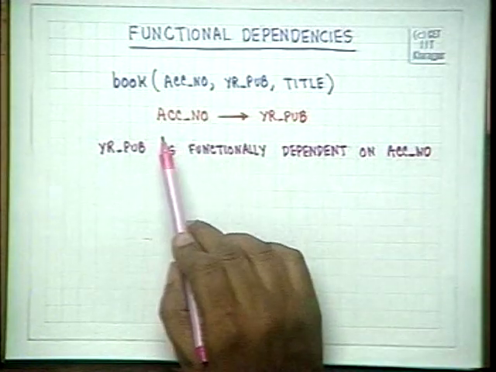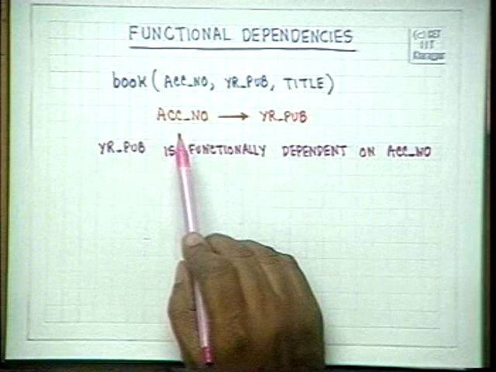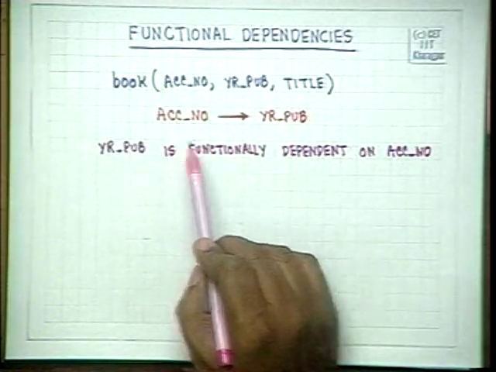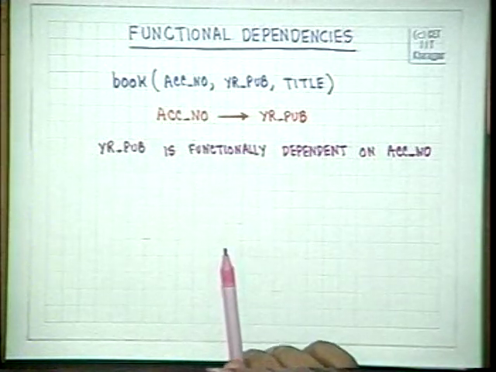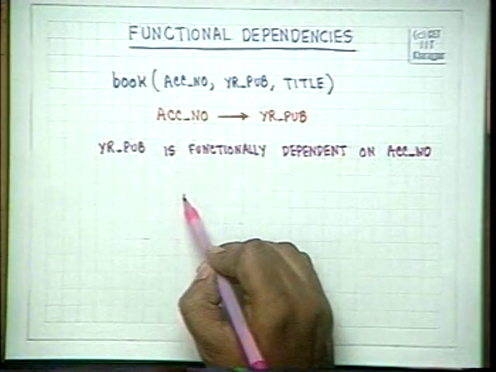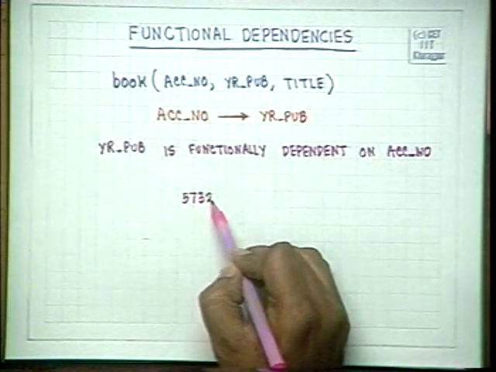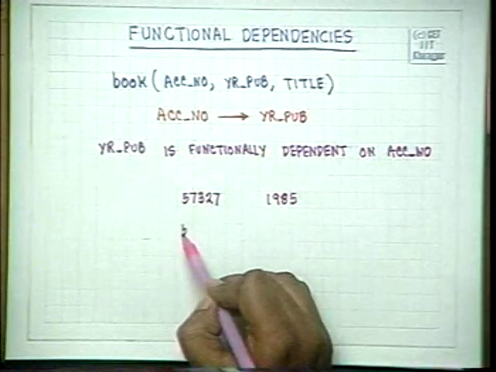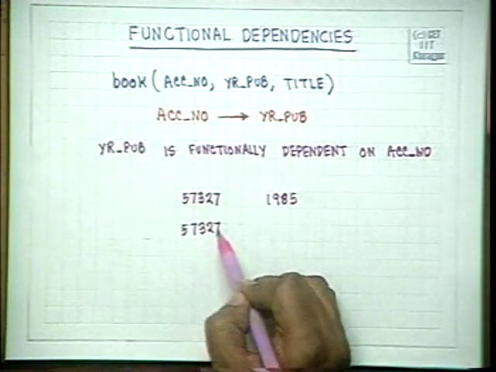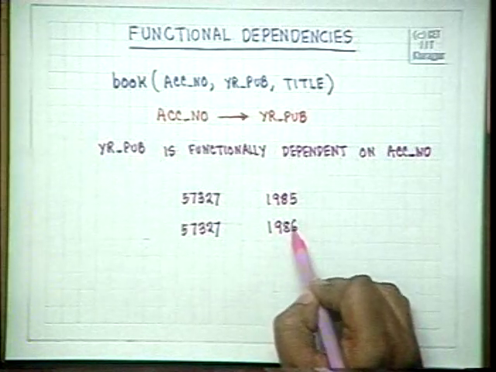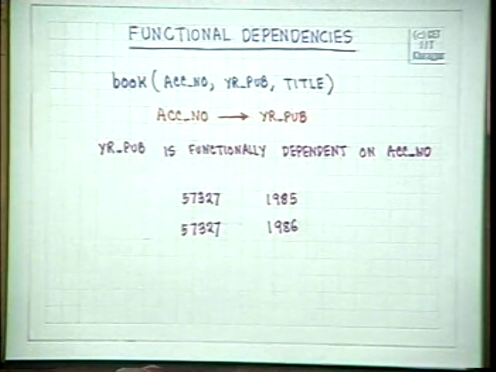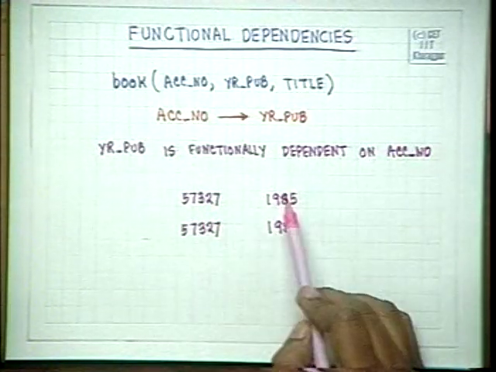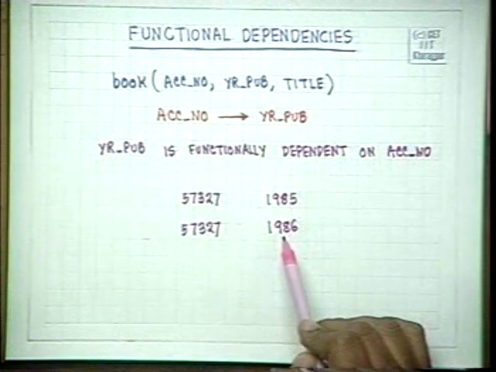That means that there can be no tuples which have the same accession number and different years of publication. That is, I cannot have two tuples which have the same accession number and different values here.